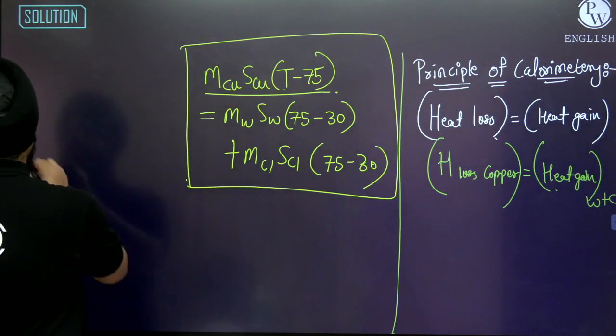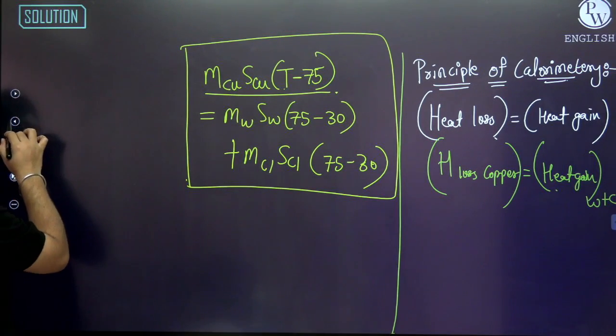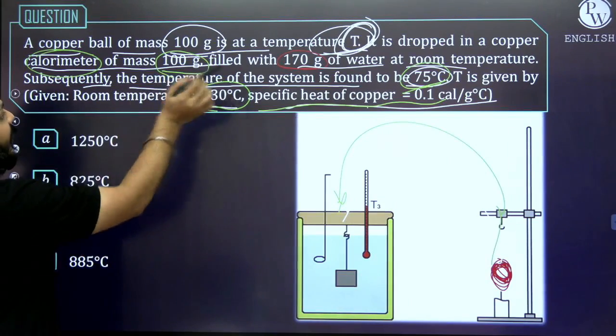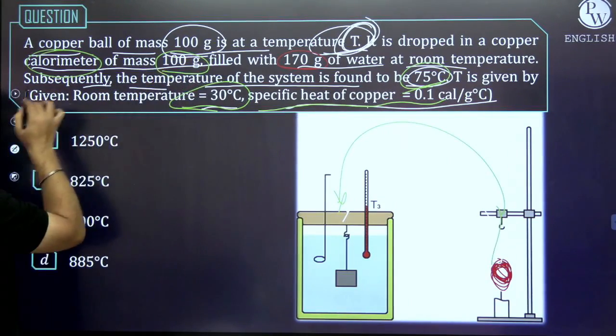Now we are going to replace all of those values and get the answer. What is the mass of copper? 100 grams.